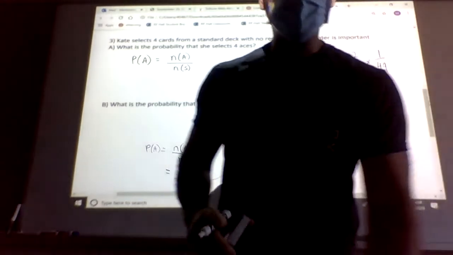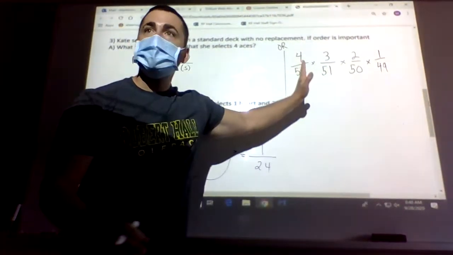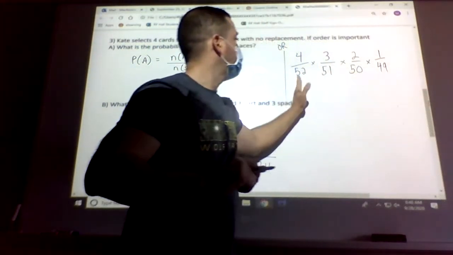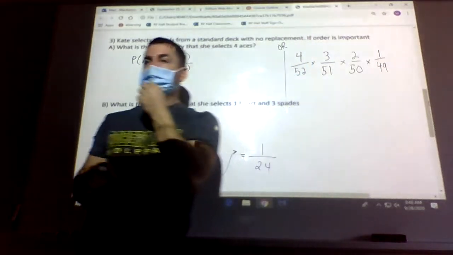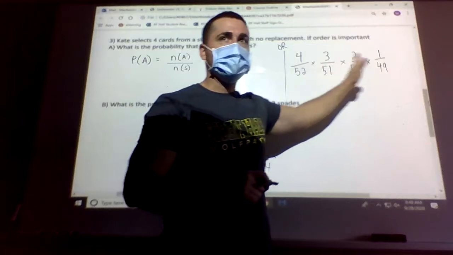Okay, and I'm going to show you a shorter way. There are 4 trials, so 4 picks. That means there are 4 events: first, second, third, and fourth. And this is a dependent event, because one affects the next one.